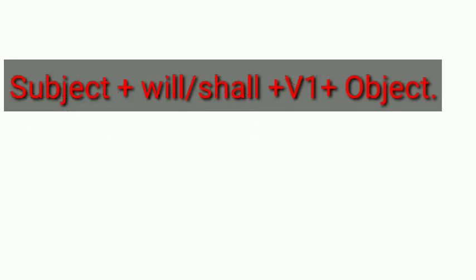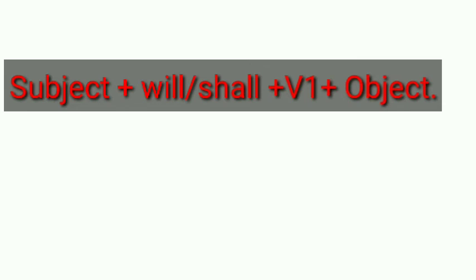Right now students, we will try to understand the structure of simple future tense. Here students, first we have to use subject, after that will or shall, after that V1, that is verb 1, and after that we have to use object. So students, let me clear when we have to use will or shall.